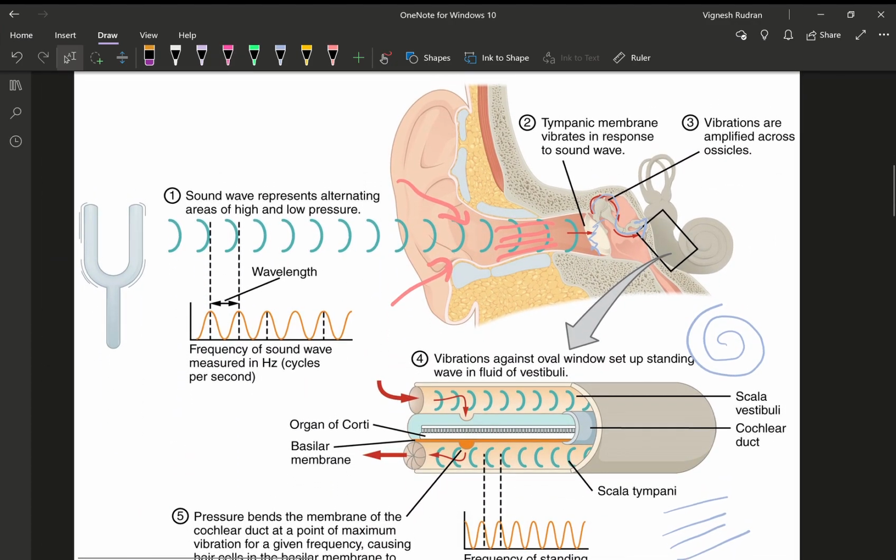So as I said before, any sound wave is funneled into the external acoustic meatus, and it's picked up by the tympanic membrane, and the ear ossicles being attached to the tympanic membrane start vibrating and send the vibration to the inner ear.